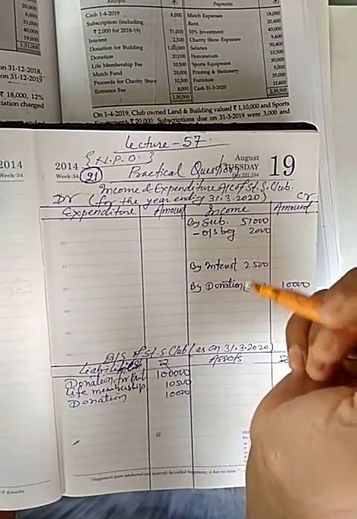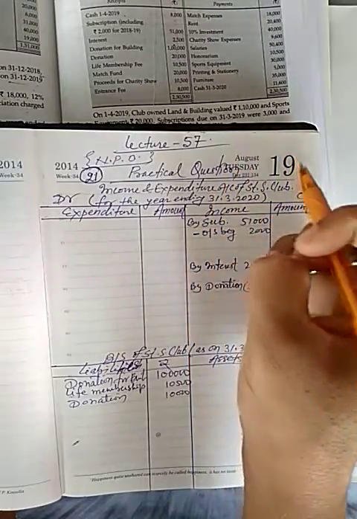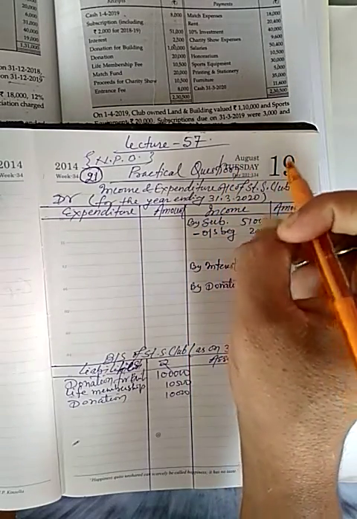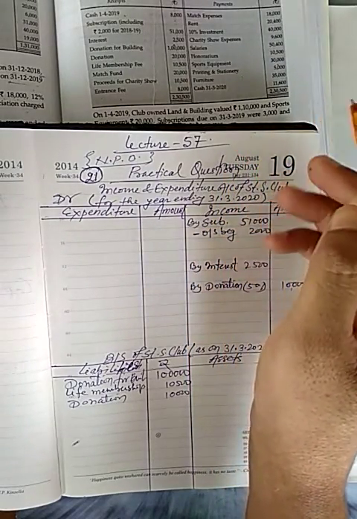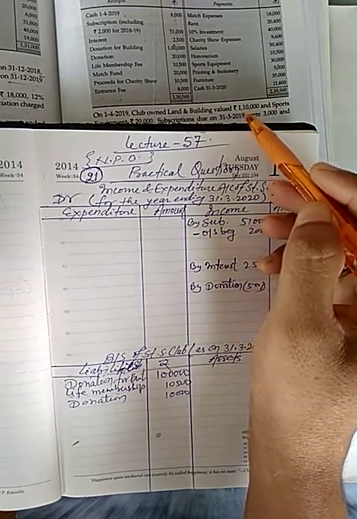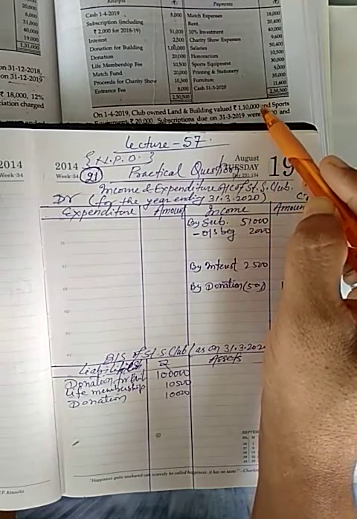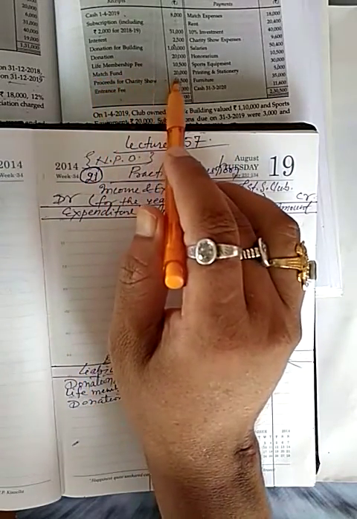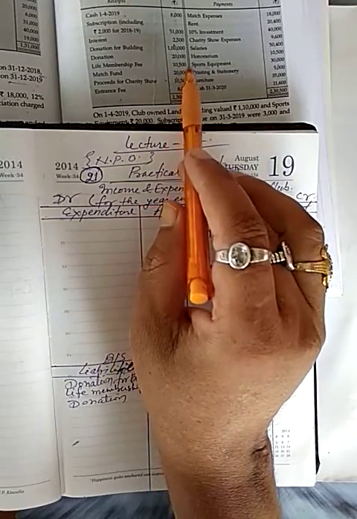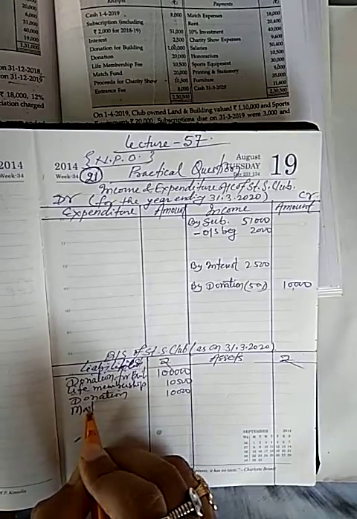Now the question says match fund. It will also be shown on the liability side.